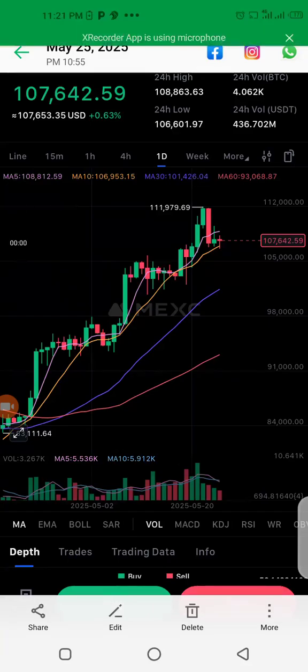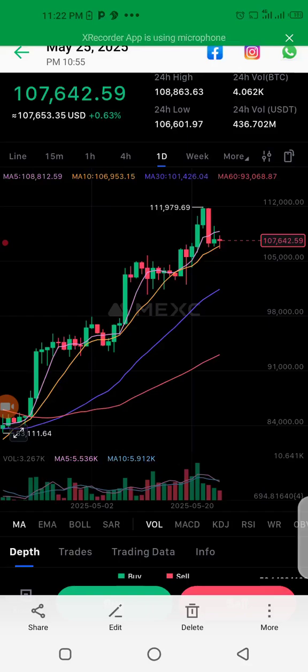Okay, so now what we are looking out for here is the area of confluence, which means all these three time frames must align towards the overall trend, which is the overall direction of the trend, which is at the monthly time frame. Both the weekly and the daily must align with the overall direction of the trend at the monthly time frame.